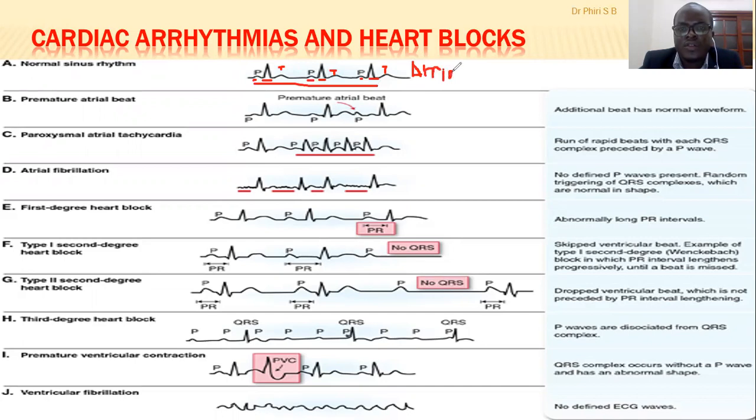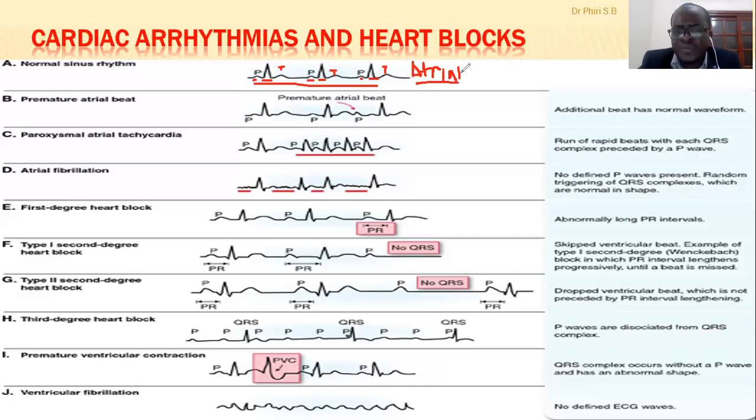You have atrial tachycardia, for instance, or cardiac arrhythmias. So the atria are the ones that are affected. If the atria are affected, sometimes you can have atrial tachycardia, atrial flutter, atrial fibrillation.